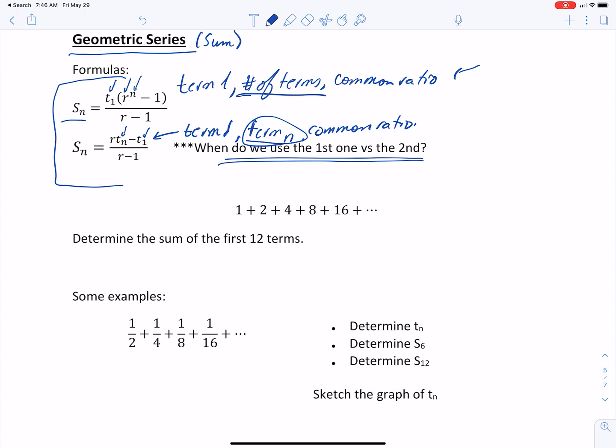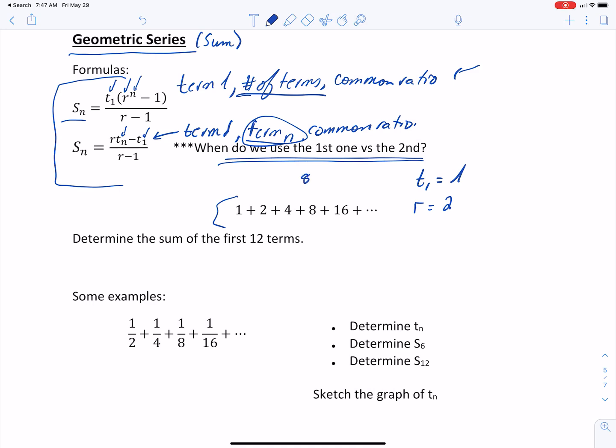So down here, I have a geometric series, 1 plus 2 plus 4 plus 8 plus 16, and so on. I can see that term 1 is 1. The common ratio is 2.